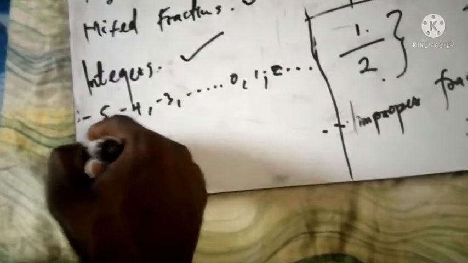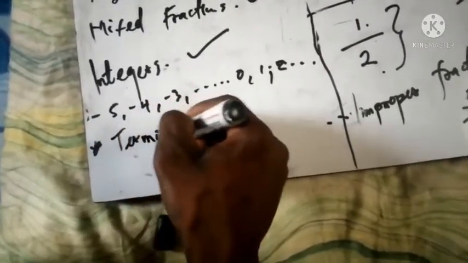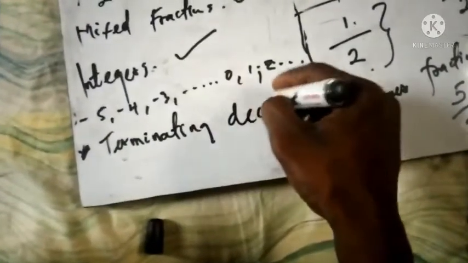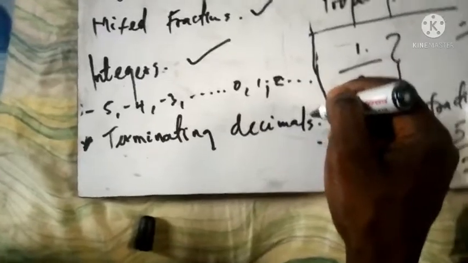And then we also have, let's say, terminating decimals, right? Terminating decimals, one of the children of rational numbers.